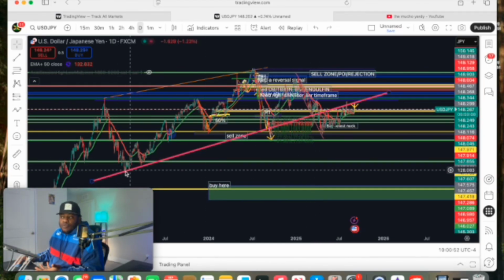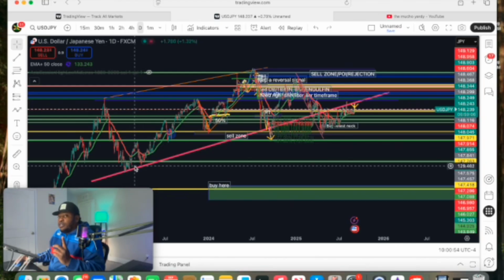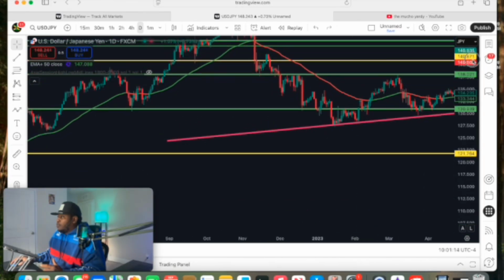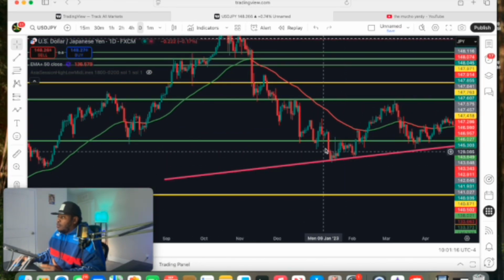That's why even though you have the buy right here, you wait for confirmation, because you can easily, let me see if I can zoom in right here. Alright. As we say, we wait for confirmation.